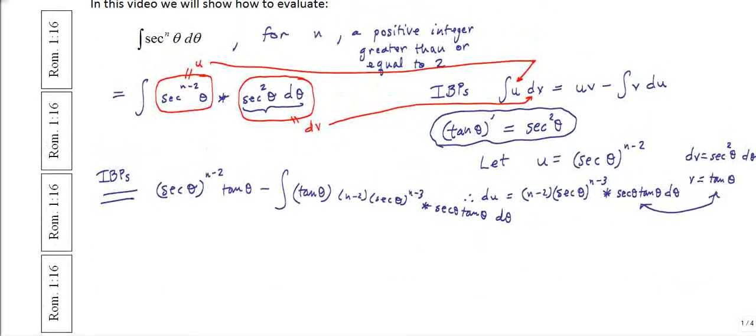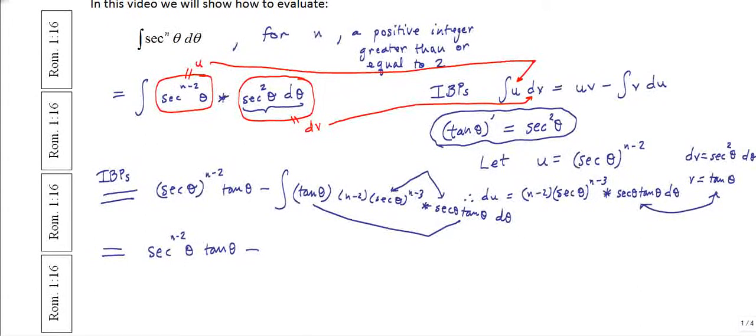So now let's keep going and clean this up a little bit. We get secant of theta to the n minus 2 power times tangent of theta, minus, I have a tangent multiplying with a tangent, that's going to give me a tangent squared, and I have here a secant theta to the n minus 3 power times a secant to the first power.